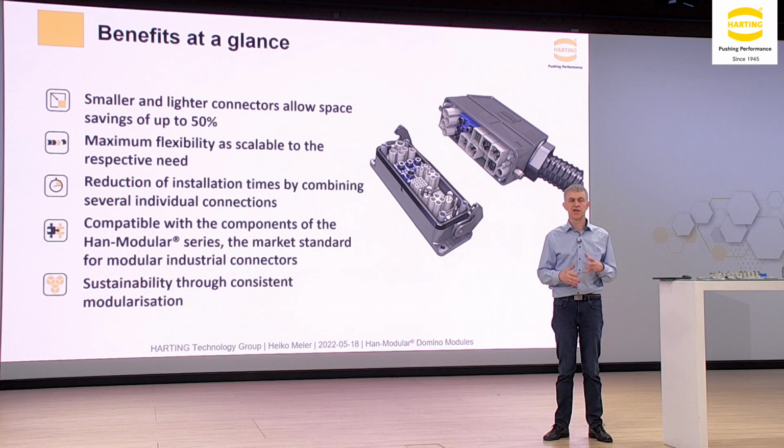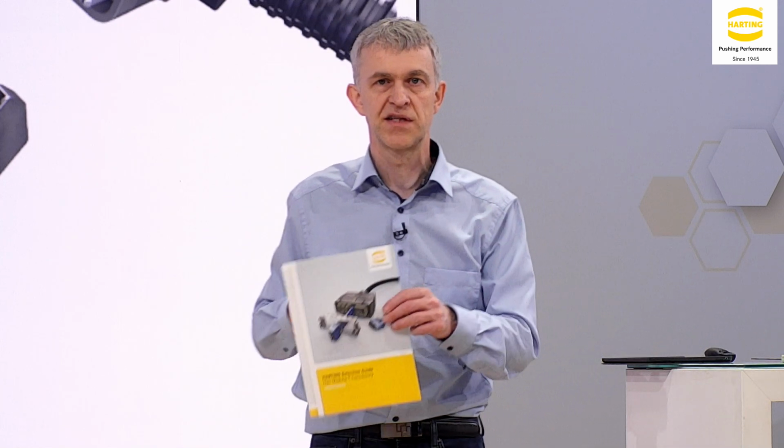If you need further pins, we have other shielded modules, not in the Domino range, but also up to 27 shielded signal contacts are possible to integrate into the systems. We also have some shielded power modules. You will find them all in this selection guide or in this configurator.